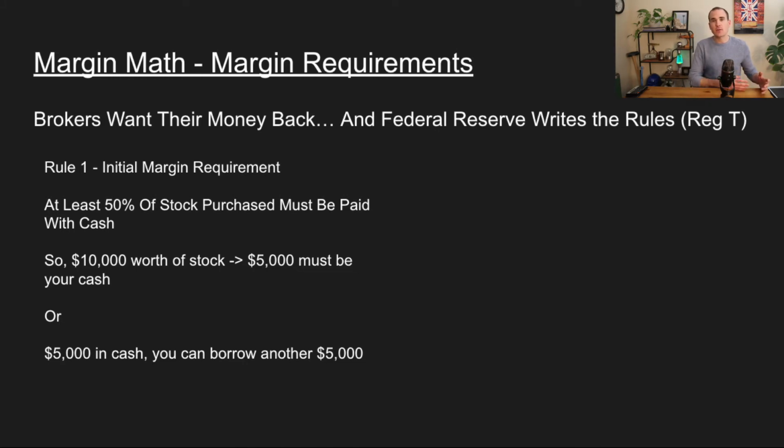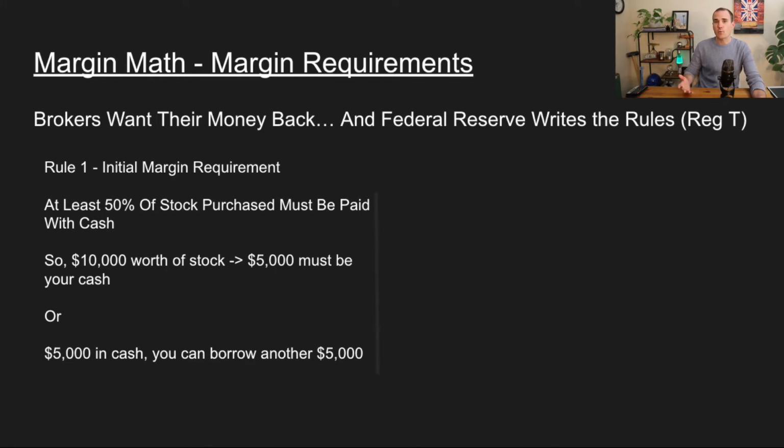So as an example, if you take $10,000 of stock that you want to buy, the requirement is that you have to have at least $5,000 worth of cash to be able to buy that $10,000 worth of stock. So you have $5,000 and you borrow $5,000. That's how you are able to buy the full $10,000 worth of stock. Another way to think about it is that if you have $5,000 worth of cash, you can borrow another $5,000 to then buy the $10,000 that you want.